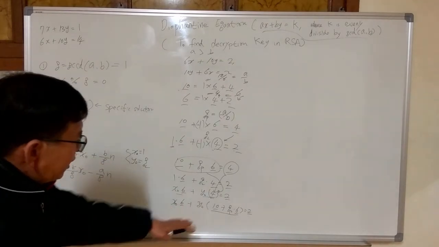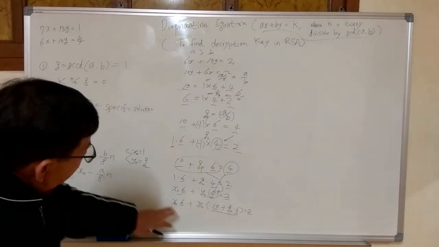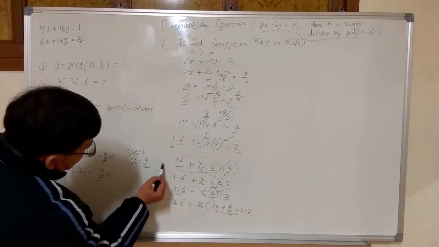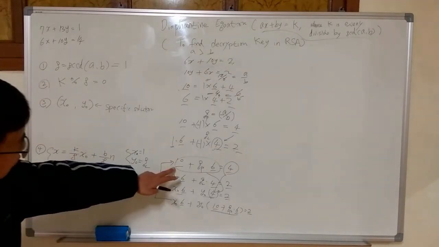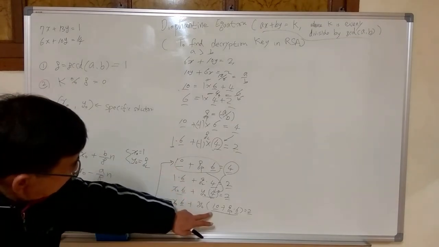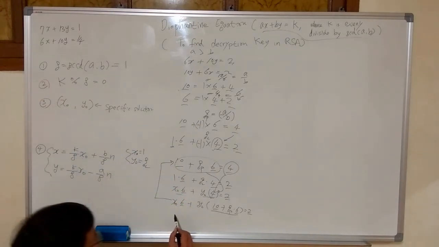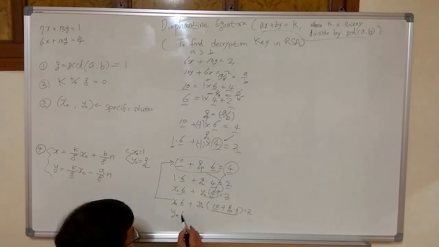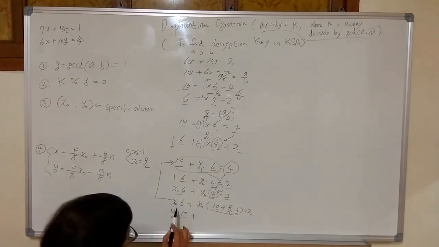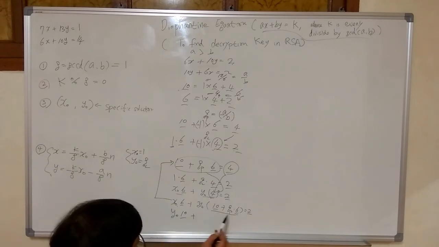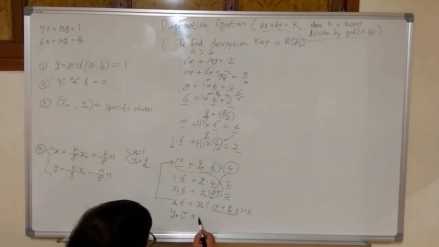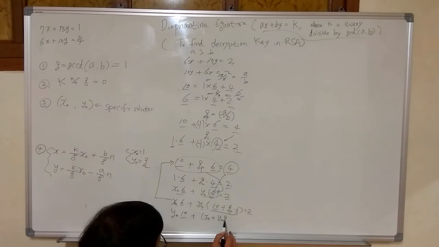Here, we rearrange. Please note that we have to compare this one with this one. 10 bar comes first, okay? So we rearrange like this: y naught 10 bar plus, now we rearrange this one, 6 bar, so it becomes x naught plus y naught QP times 6 bar equals 2 bar.